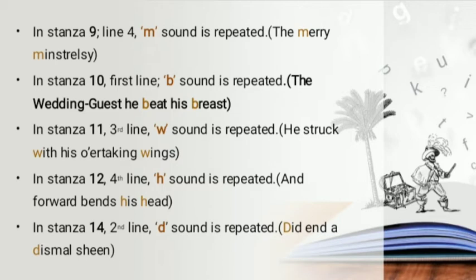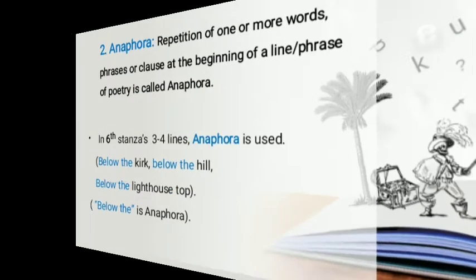Number 6, in stanza 11, third line, the W sound is repeated: he struck with his o'ertaking wings. Number 7, in stanza 12, fourth line, the H sound is repeated: and forward bends his head. Number 8, in stanza 14, second line, the D sound is repeated: did drift a dreadful sight.